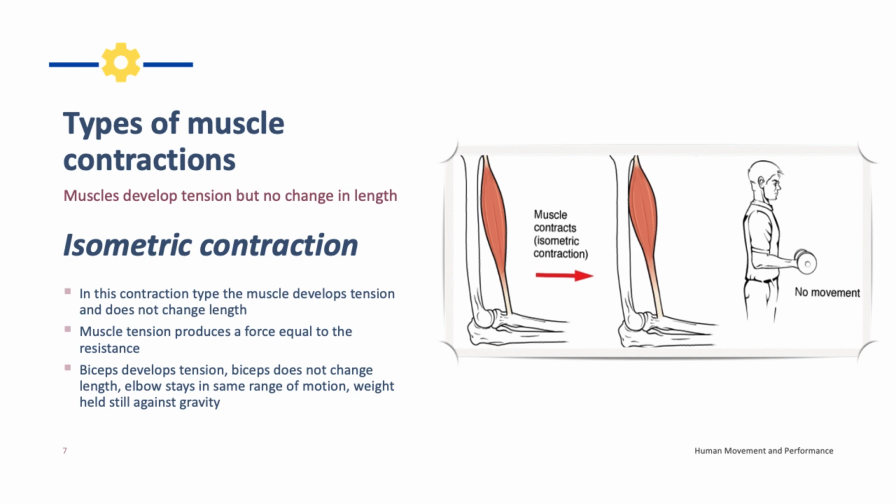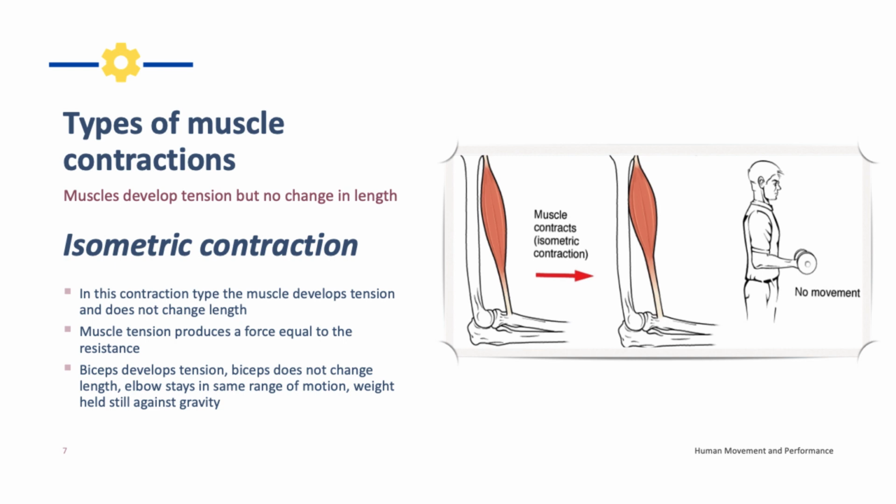So the biceps is developing tension, but that amount of tension that it's producing is the exact same amount as the force of the weight and the weight of the arm on the body. Therefore, we have kind of an equilibrium status where the muscle has developed tension, but it doesn't cause any movement. The muscle itself doesn't shorten in length, and the elbow does not move. So that's an isometric contraction.